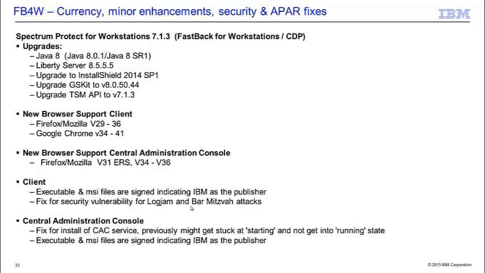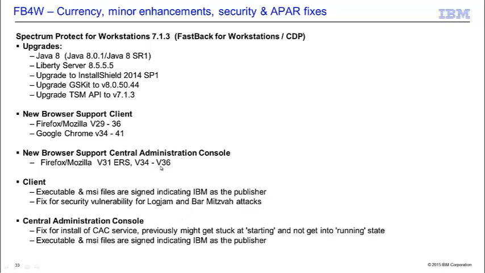And this product integrates with Spectrum Protect, but just some of the enhancements that have occurred in its 713 version include updates to Java, Liberty Server, GSKit, and upgrade for the TSM API. We've added new CDP browser support for the CDP client, and we've added in some new browser support for our central admin console as well.